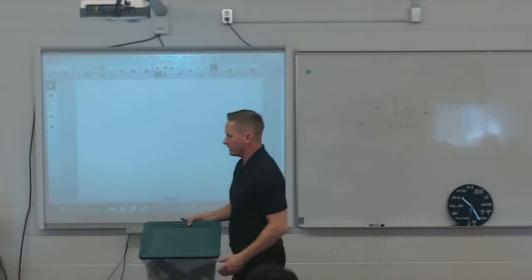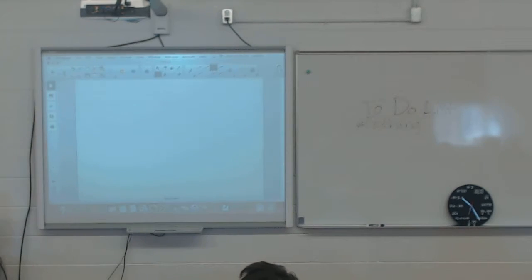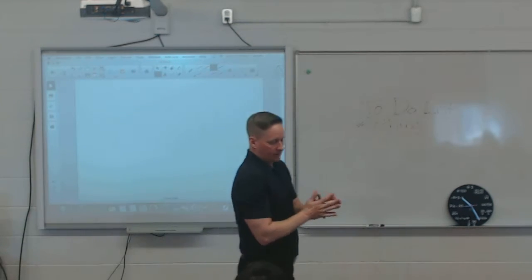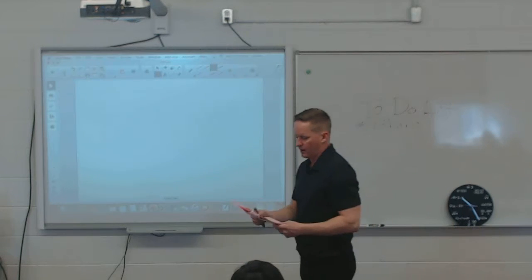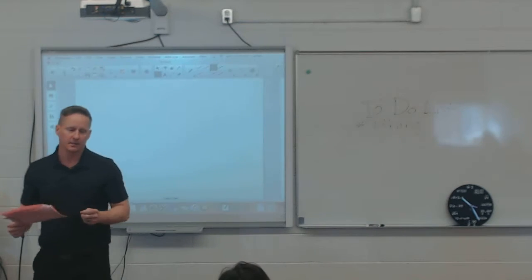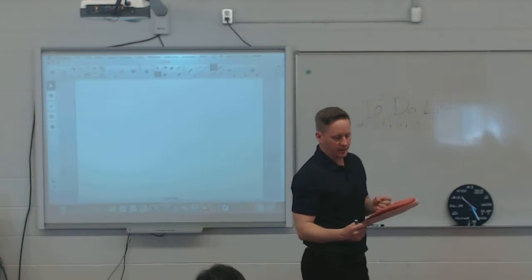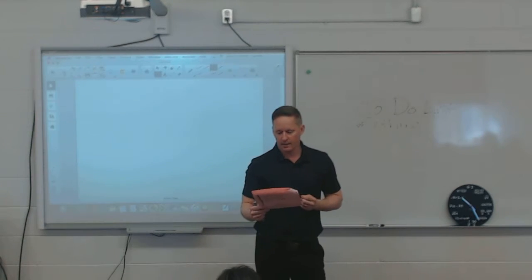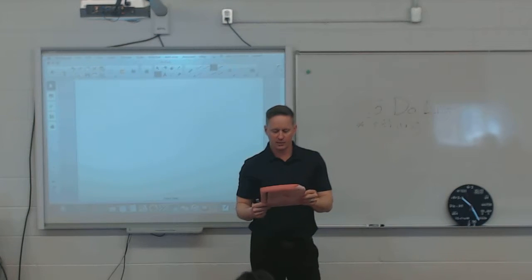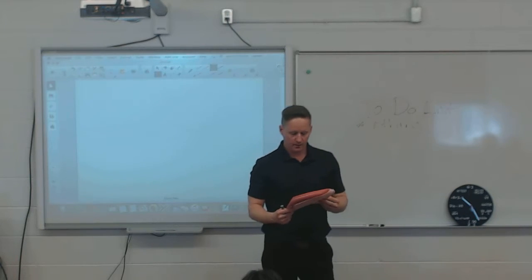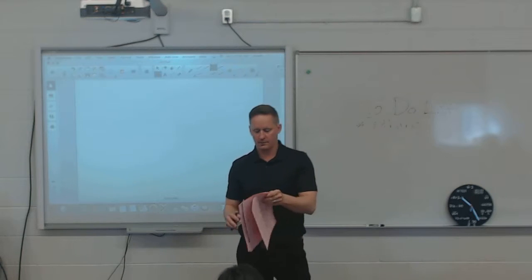Insulators: plastics, glass. What's the ultimate insulator? Rubber, right? Rubber has no ability to pass electricity or electrons through it. A conductor is a material through which an electric charge is readily transferred. An insulator is a material through which an electric charge is not readily transferred.